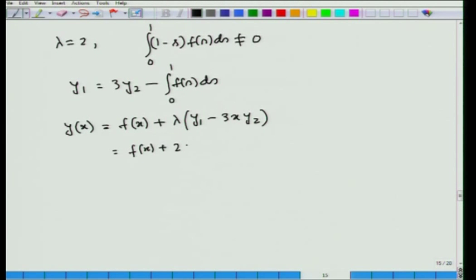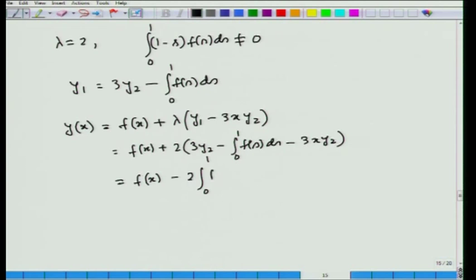and substituting the expression for this y1, we can write f(x) plus 2 into (3 y2 minus integral 0 to 1 f(s) ds minus 3x y2), and ultimately this is coming out to be f(x) minus 2 integral 0 to 1 f(s) ds plus alpha times (1 minus x), because 6 y2 minus 6x y2 can be clubbed into 6 y2 times (1 minus x).